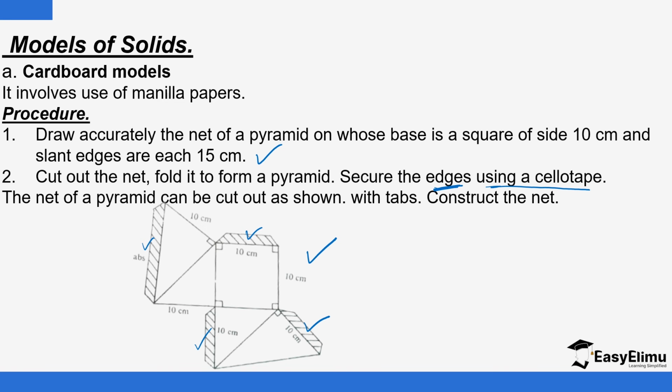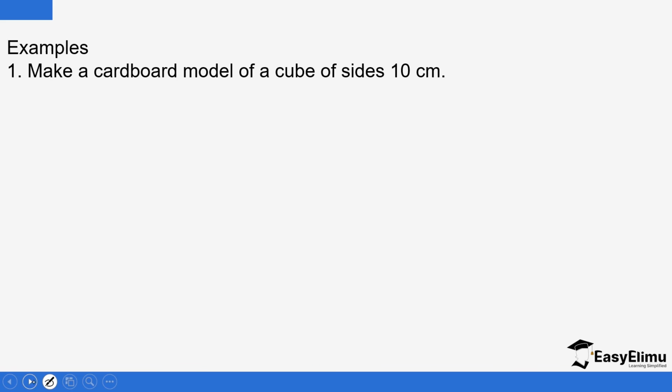You start by constructing the model. So let's see if you have one like a cube. You do the model first, I mean the net. So this is the net.